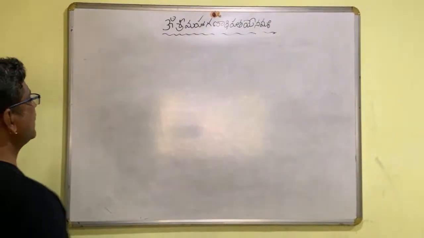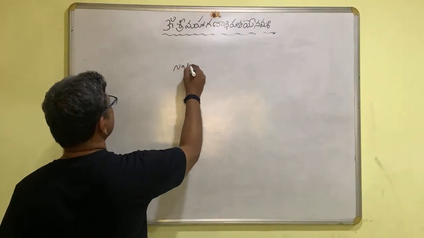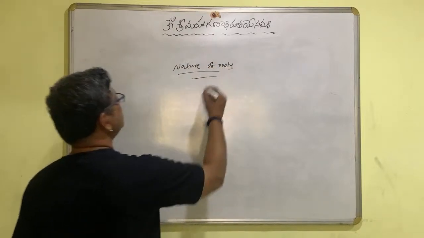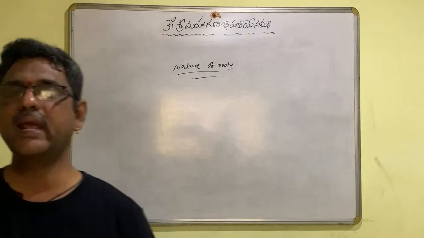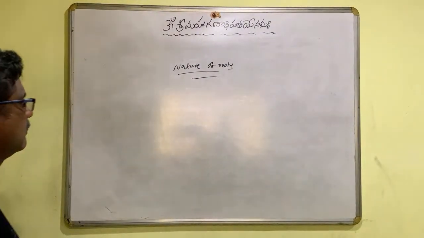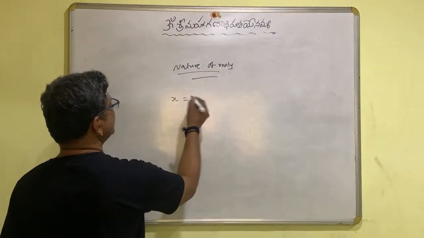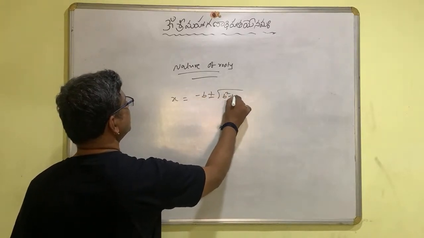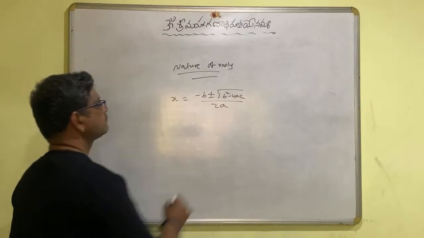Now, nature of roots. This concept is very, very important. We know the quadratic formula is minus b plus or minus root over b square minus 4ac, by 2a.